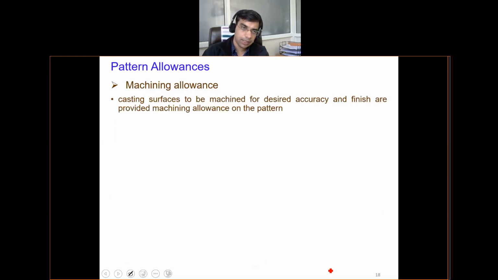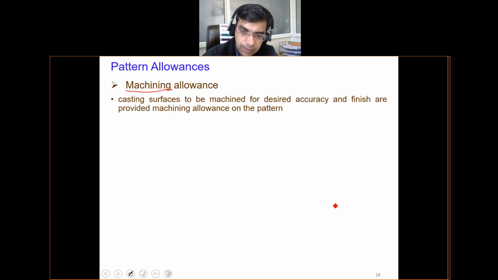So what is machining allowance? We have discussed a little bit about this process. Machining is basically a process to remove excess material from any product or to create a very fine surface finish. So why is it important here in creating the pattern? Machining is done on all the cast products.